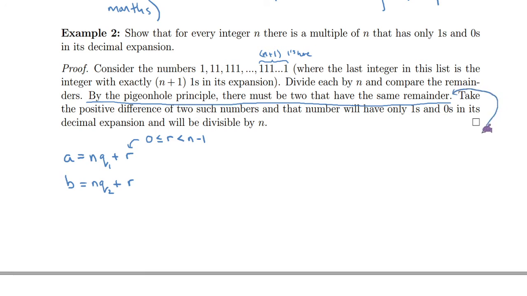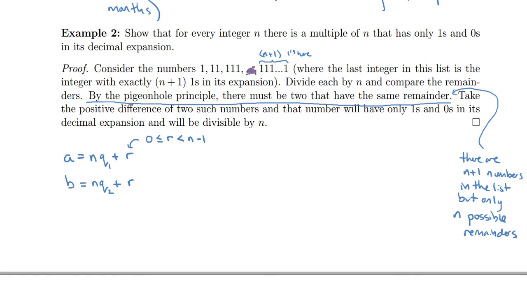A little explanation of that: there are n plus 1 numbers in the list, but only n possible remainders. Does that make sense?